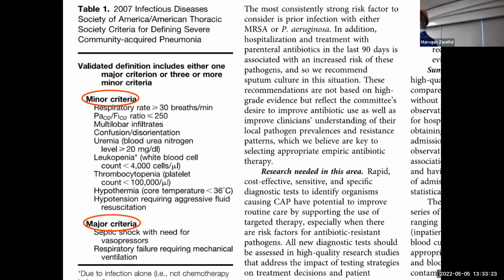This is not in CURB-65, right? And also your patient with severe pneumonia and some vitals and labs that tell you this patient has severe pneumonia, like hypothermia, low platelets. Leukopenia is worse than leukocytosis in infection, right? Hypothermia is worse than fever in infection.